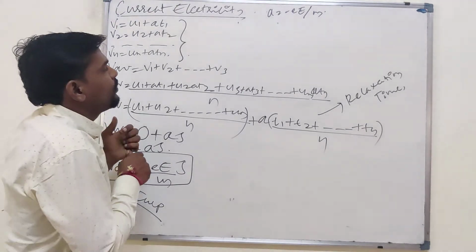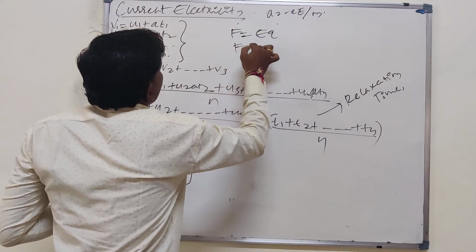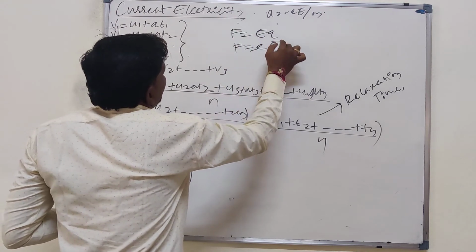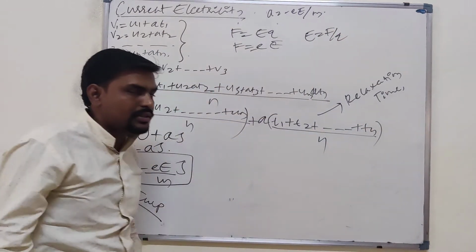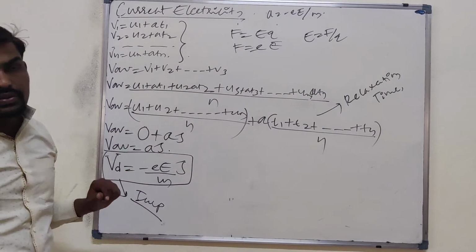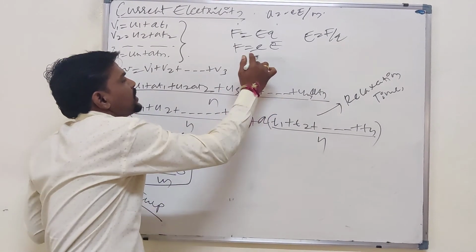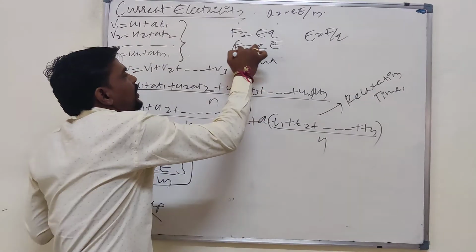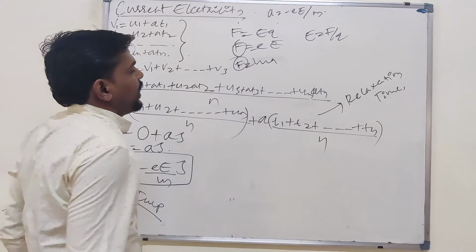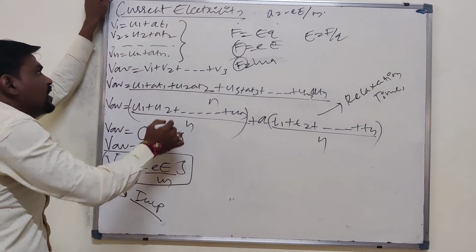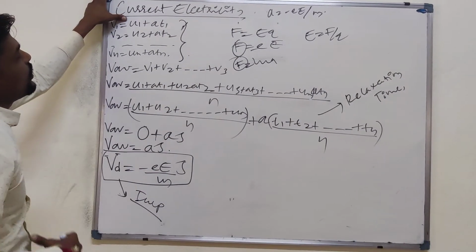That force is F equal to E into Q, so E is equal to F divided by Q. It is mass into acceleration. Taking the kinematic first equation, I found the final velocity, v1 equal to u1 plus at1.